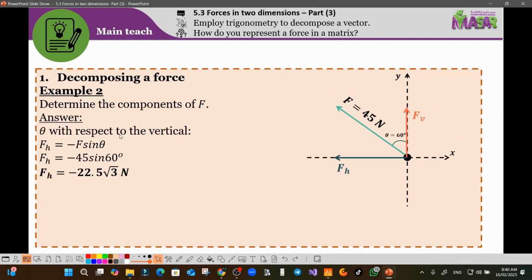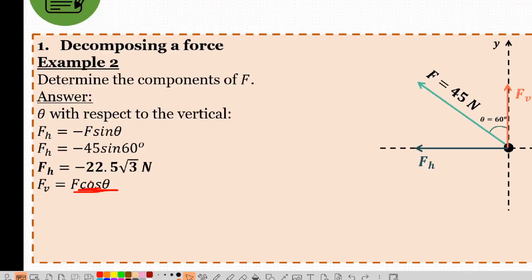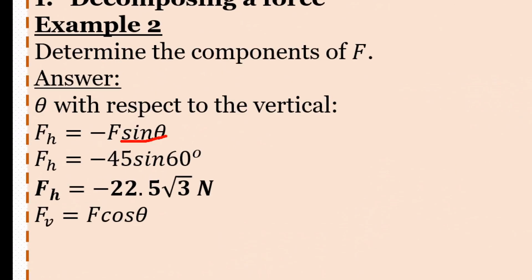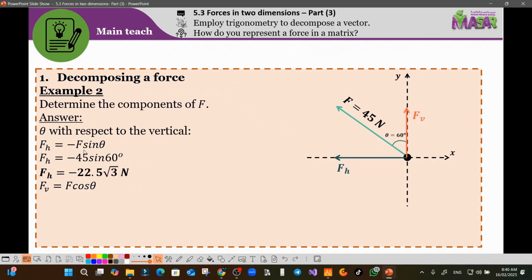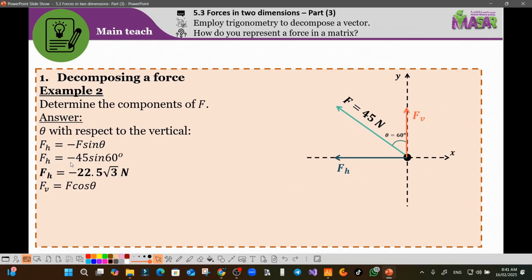Now theta is with respect to the vertical, which means the cosine now should be applied for the vertical, and for the horizontal, we apply the sine. Now minus F sine theta, because FH is in the negative direction, minus 45 is the magnitude, 60 is the angle, and we got 22.5 radical 3 Newton as the magnitude of the horizontal component.